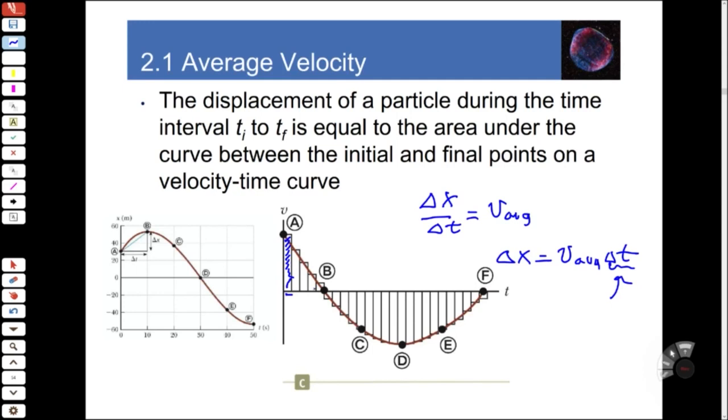If I add all these up, it should give you the displacement. So the displacement of a particle during the time interval ti to tf is the area under the curve between these initial and final points.